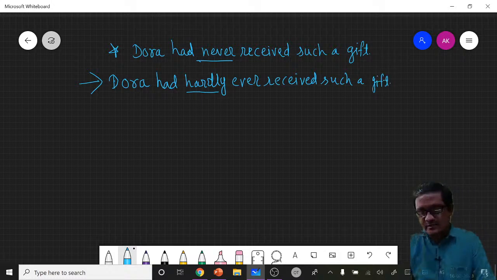In her life, I am just uttering that word. So Dora had hardly ever received such a gift. डोरा ने अपनी जिंदगी में इतना सुंदर गिफ्ट कभी प्राप्त नहीं किया था। इसका मतलब उसे शायद ही कभी, एक आध बार उसे इतना सुंदर गिफ्ट मिला होगा, मतलब वो ध्यान में भी नहीं आया था, वो न के बराबर था. This is how we are going to conclude today's period.